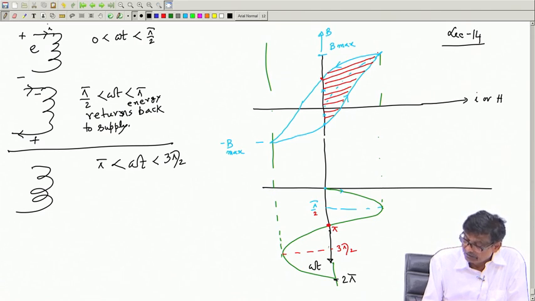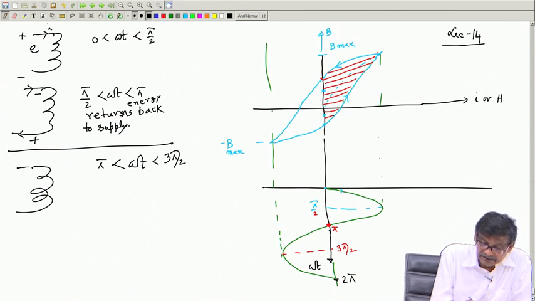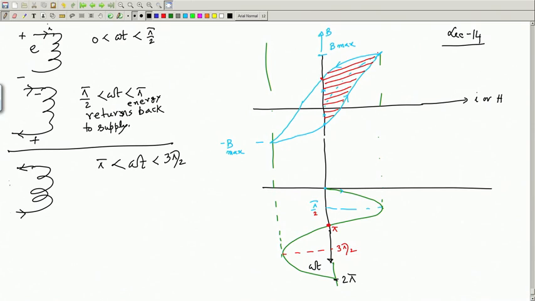During this portion, current is negative, means current is actually entering through this and coming out from this. This is the negative current. And induced voltage, because dB/dt is positive, still remains plus minus. So, it once again absorbs the energy, because through the plus current is entering.